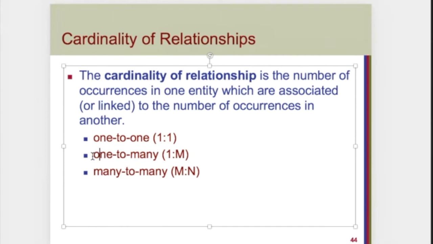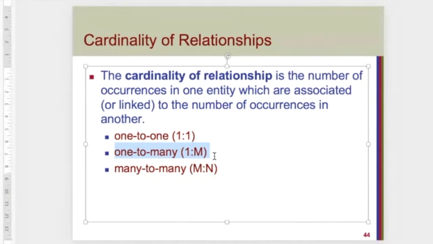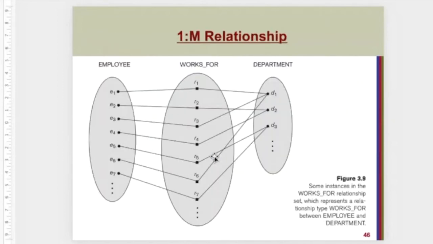From that, can you tell me what we mean by one-to-many? Yes, mashallah. One branch has many employees. If we have something like that, it will be called one-to-many. See here, employee entity, department entity, and see here the relationships. One department is related to many employees. D1 is related to E1 and E3 and E6.